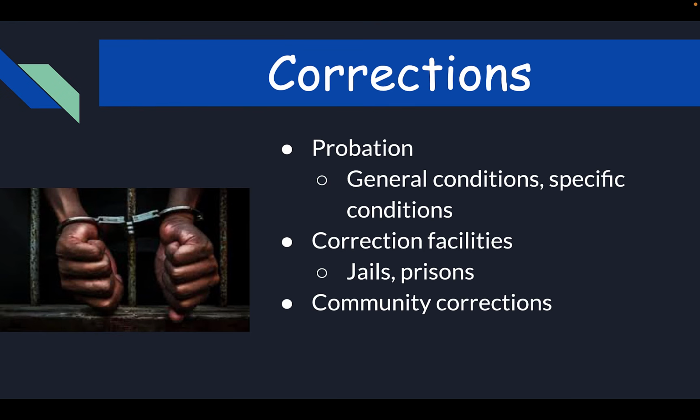Sometimes people can be in jail for a while awaiting their trial, going through that whole process. But prison, you're typically there because you've gotten maybe a felony sentence or a longer sentence.